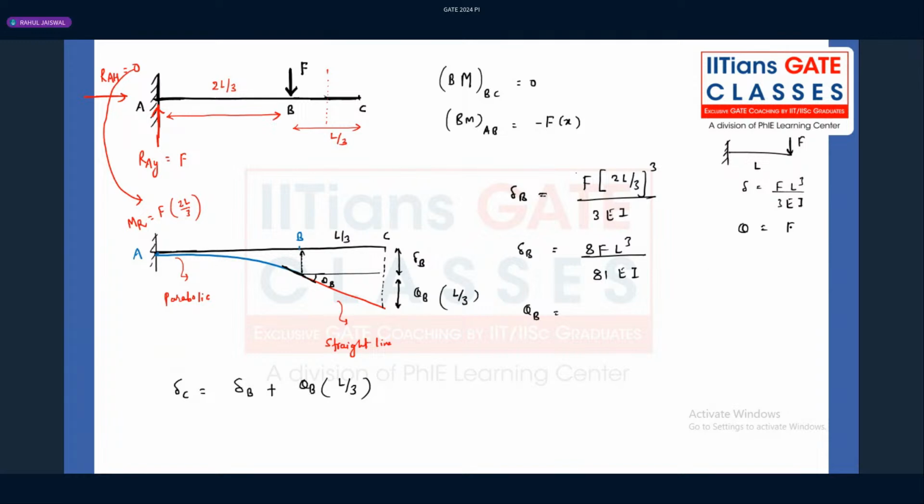What is the slope? The slope formula also we have: FL square over 2EI. Then F is the same, but the length becomes 2L by 3, because from the fixed point to the point of application of load the distance was L, but here, the fixed point A and the point of application of load B, the distance is 2L by 3.